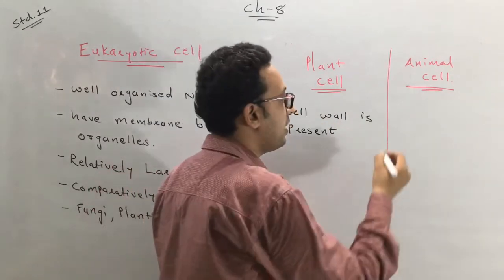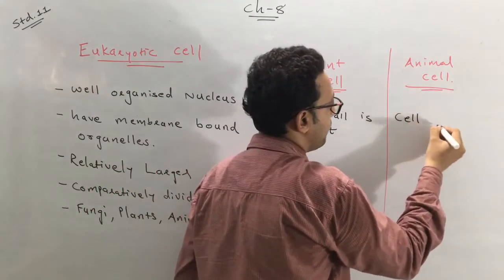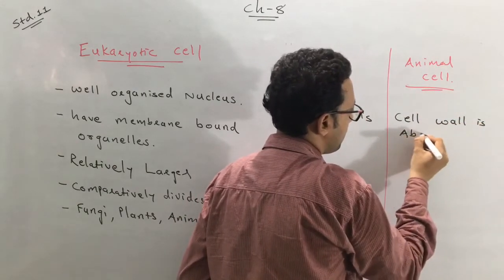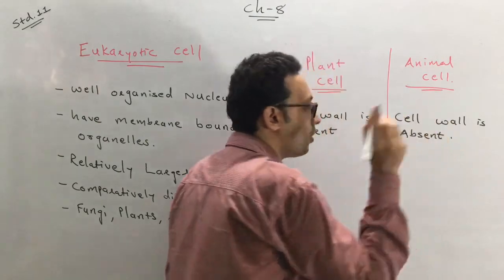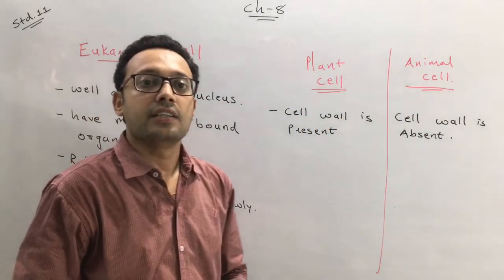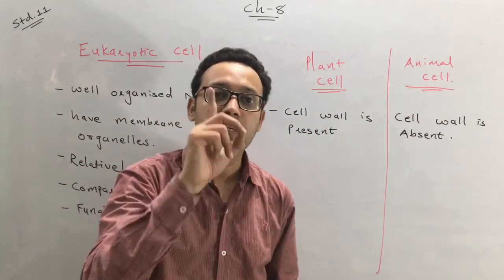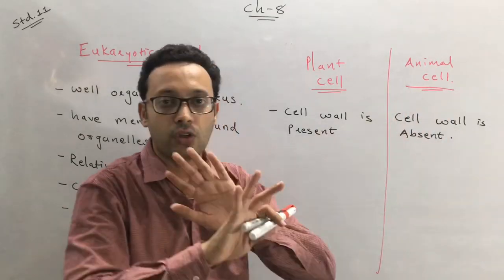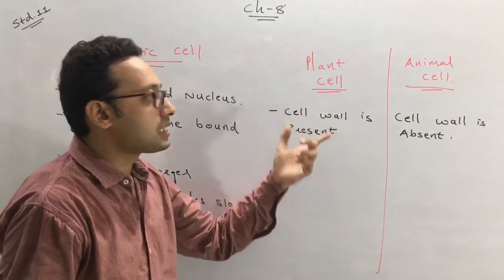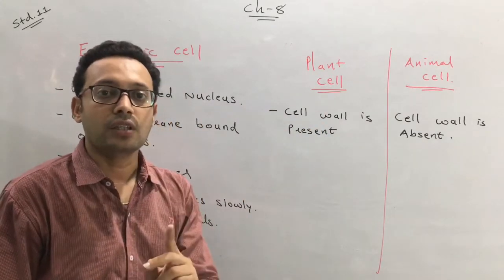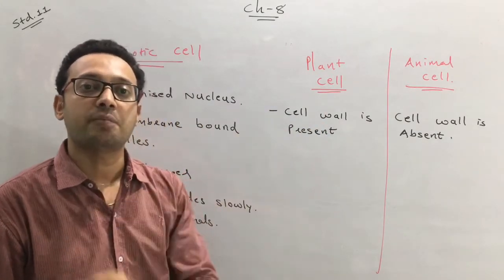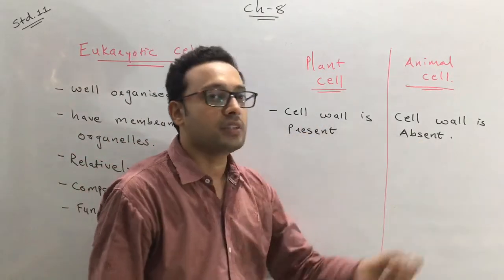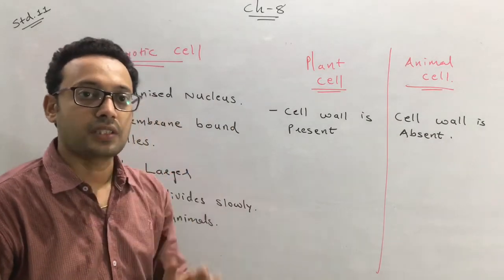Okay, in animal cell you cannot find a cell wall. So cell wall is absent. You have already learned in the cell theory that the animal cell has a single layer around it, and that is the cell membrane. They don't possess a cell wall. But yes, plant cell possesses a cell wall, and even the bacterial cell also possesses a cell wall. So cell wall is found in a plant cell, but it is absent in animal cell. This is the first difference.